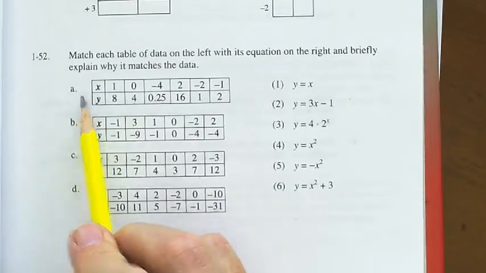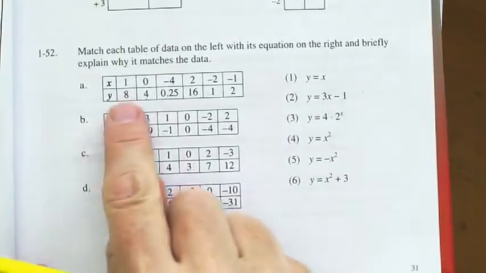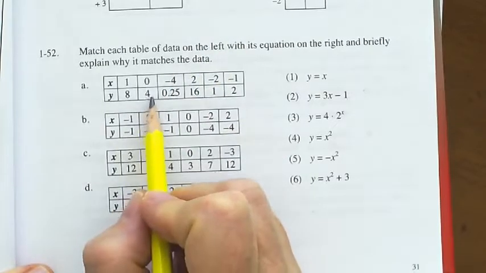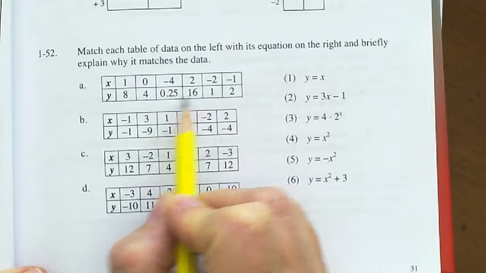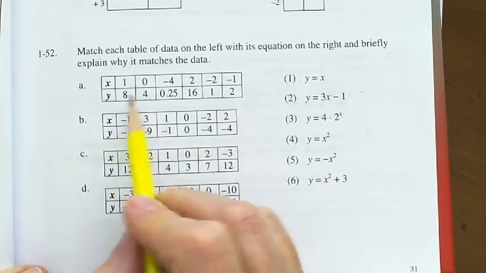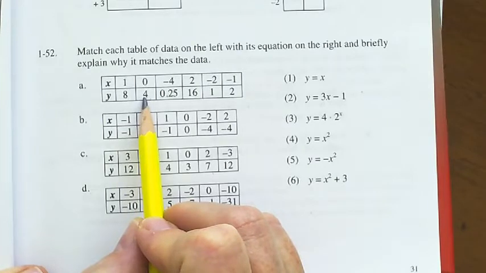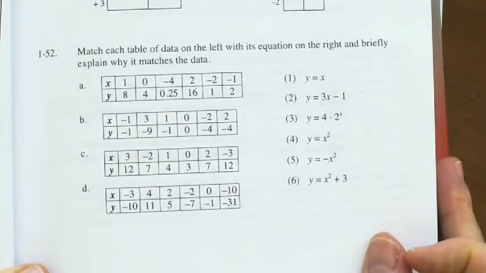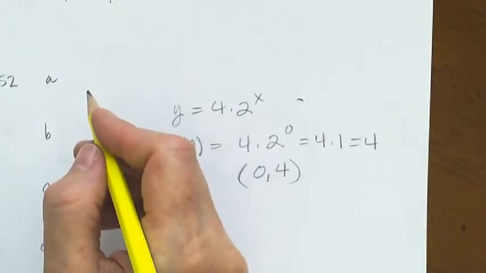So I think A matches with 3. And if you just look at this, look at how much this is increasing. Well, they've got these written so that they're decreasing. If you look at that jump from 8 to 4, of course this is going down by 4. Okay, I don't want to get too sidetracked. So A is 3.